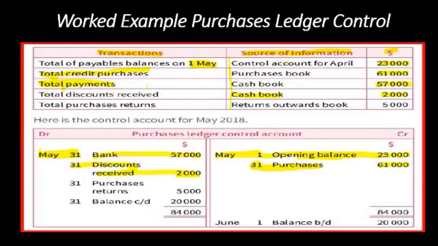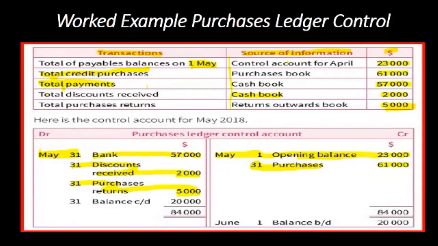So we will have the date as the 31st. Total purchases returns from the return outward book, 5,000. And we put in the 5,000 here.